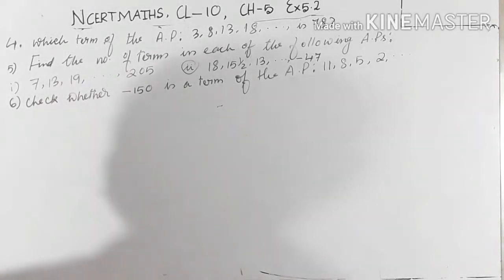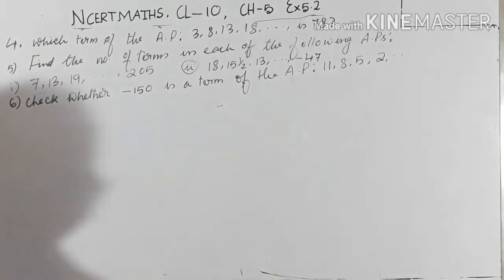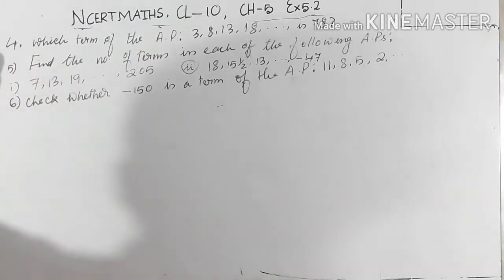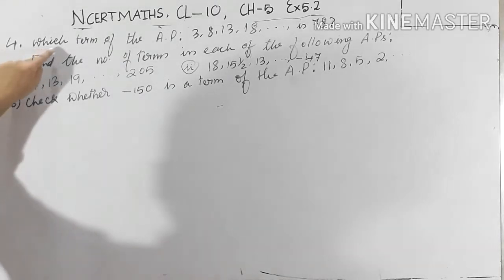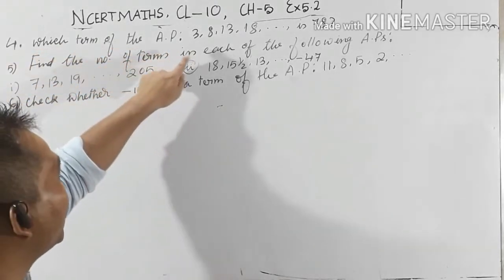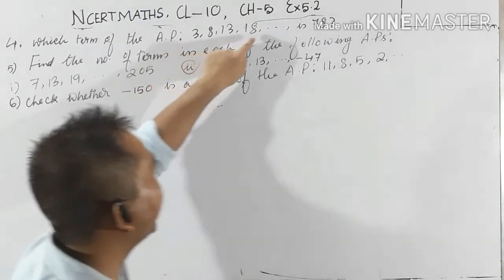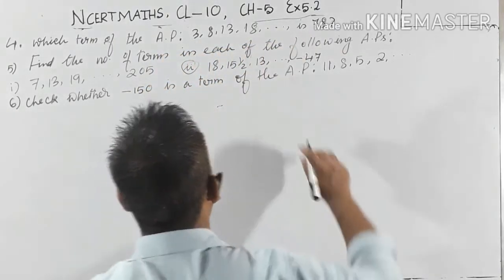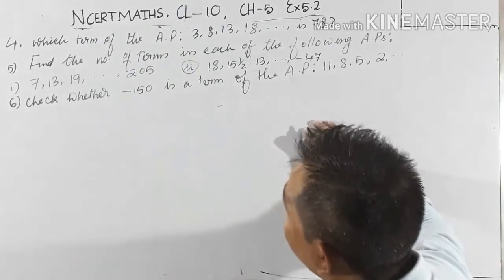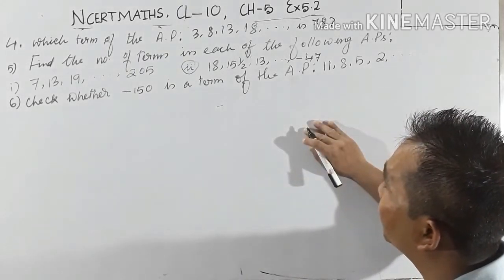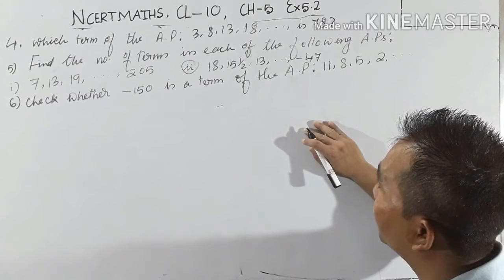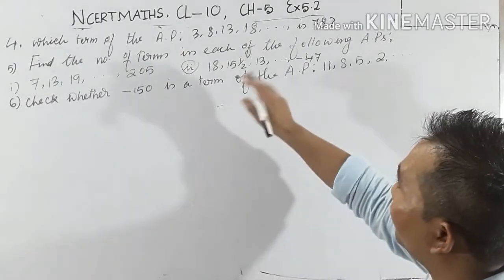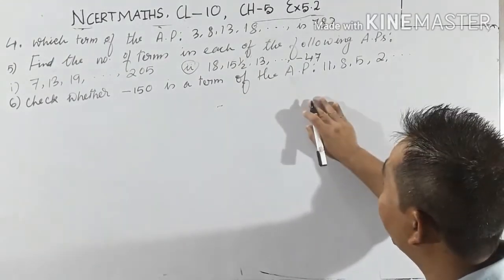Okay, fine. Next, there is question number 4. Let us continue with question number 4, 5, and then 6. So in question number 4, what is it talking about? Which term of the AP 3, 8, 13, 18 is 78? That means we have to find n.